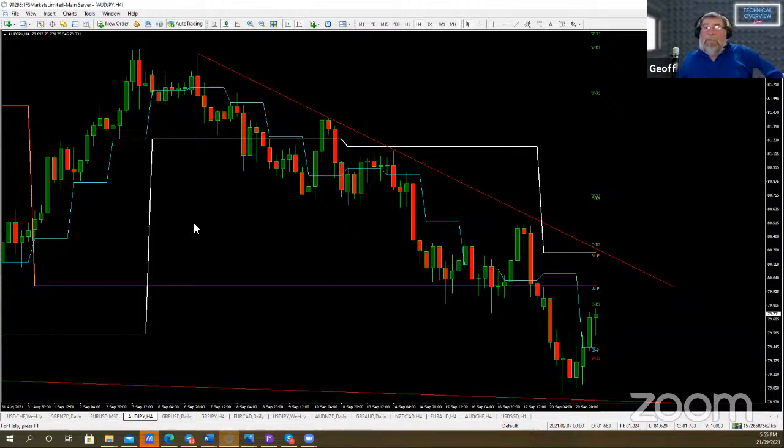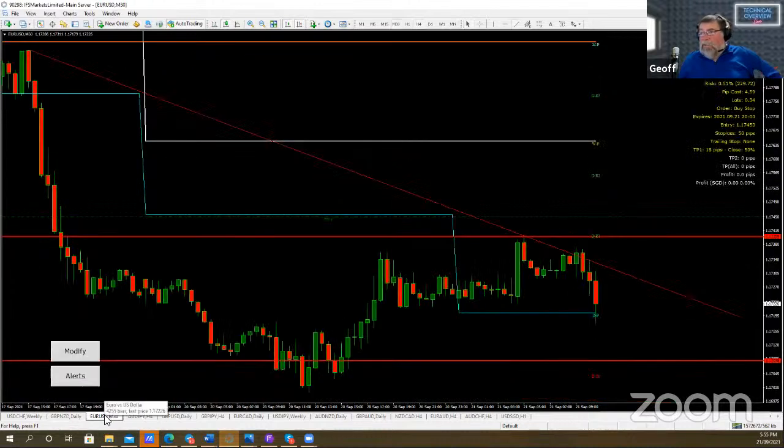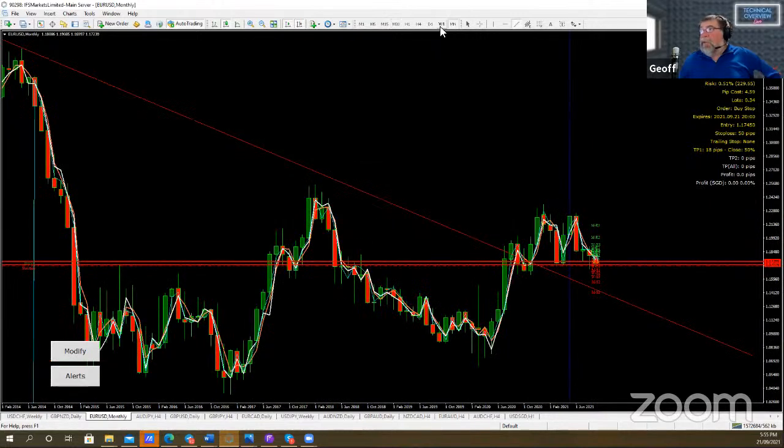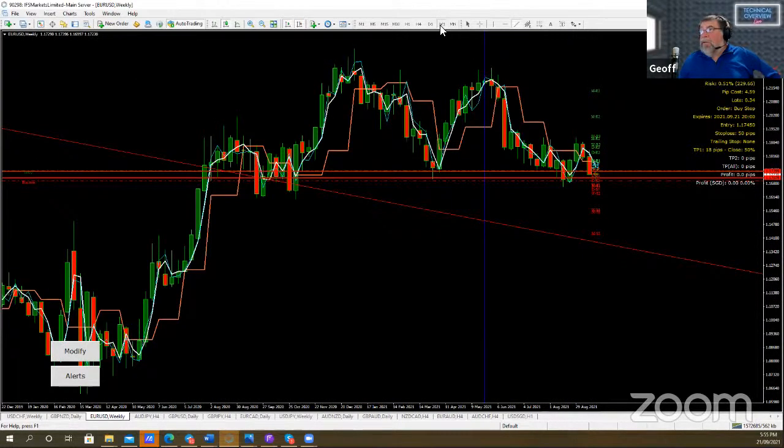Euro dollar seems to be in the middle of a bear channel. Where I've actually got euro dollar, and I don't know why I haven't got it on this chart, is in a very big weekly chart.